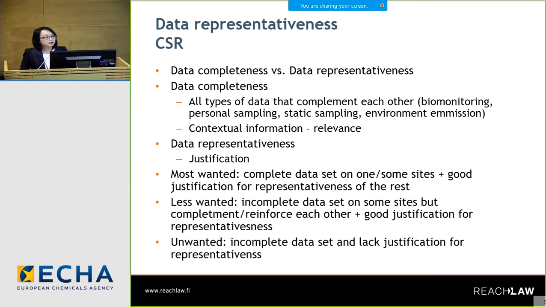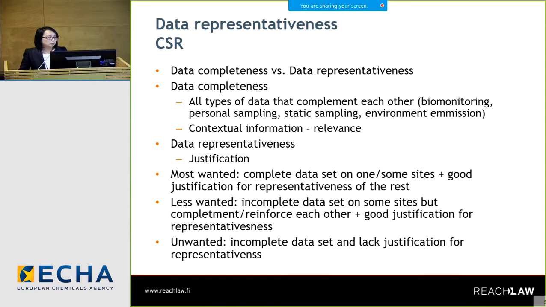And in addition to data representativeness, I want to talk about data completeness. By data completeness, I mean that it's best that you have different kinds of measurements. You have not just the biomonitoring, but you also have personal measurement. You have static sampling. You have data on the environmental emissions.